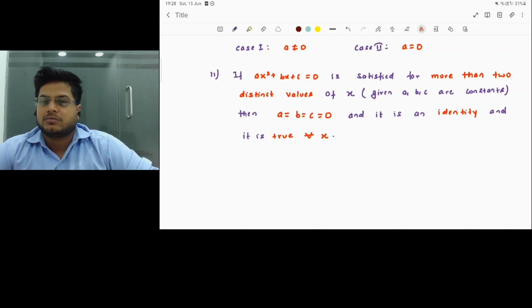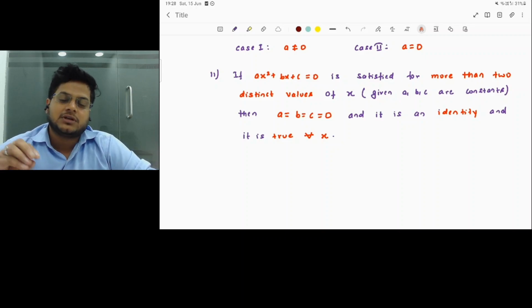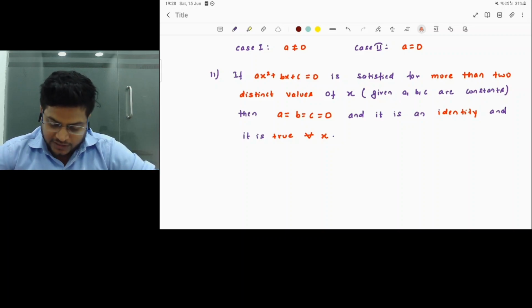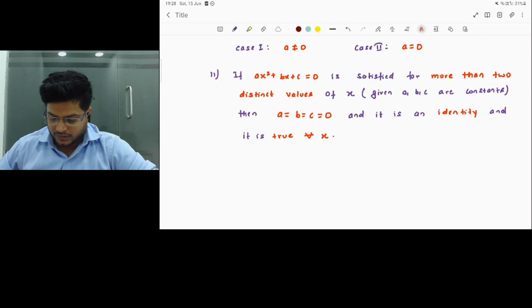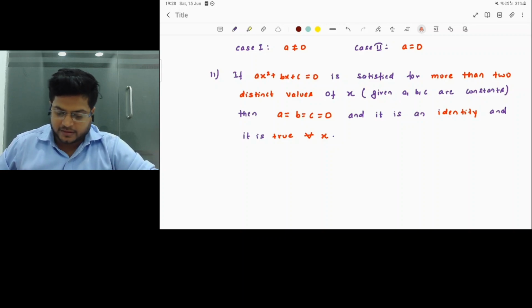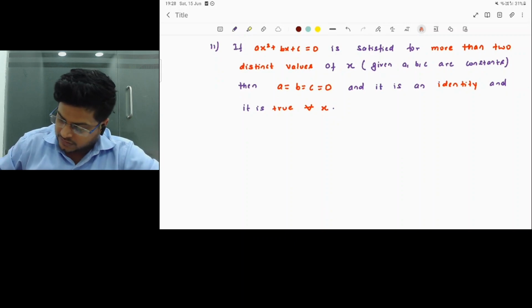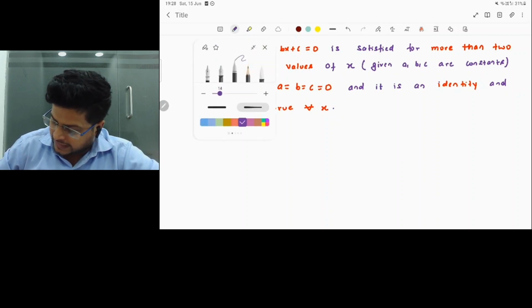So because of that, a should be 0, b should be 0, and c should be 0. And then it is an identity which is going to be true for all the values of x. I hope you are comfortable on this. Okay, so let us do a question from this topic. So I can just highlight this.